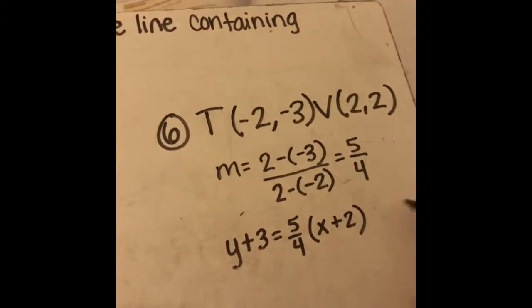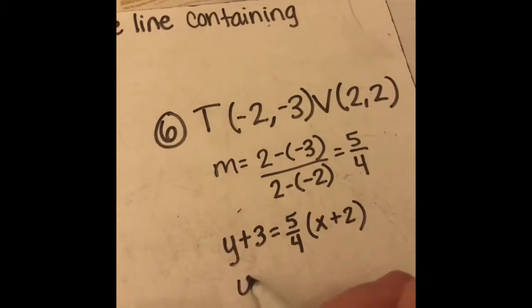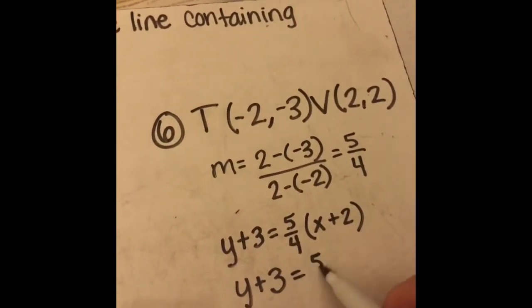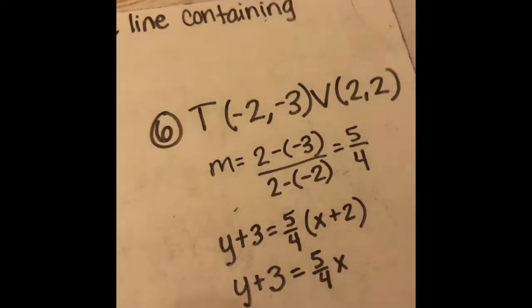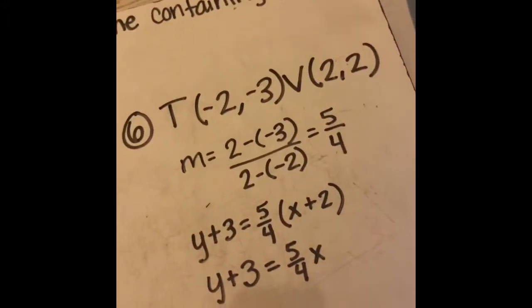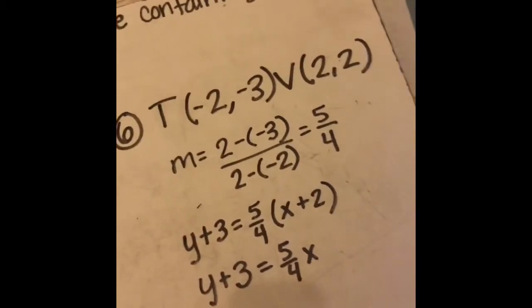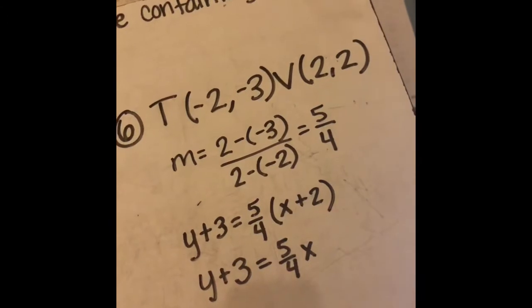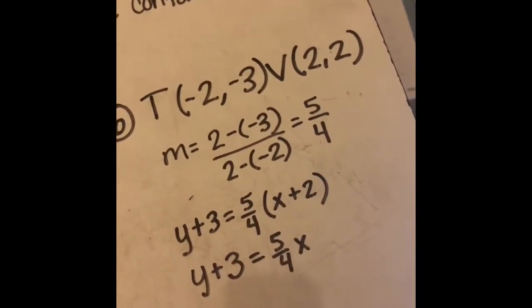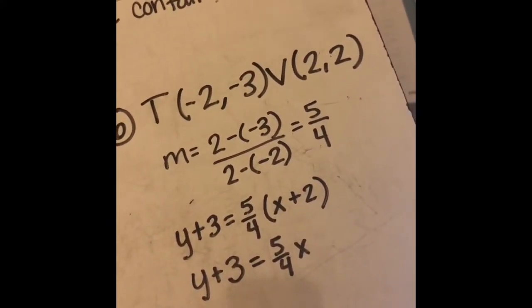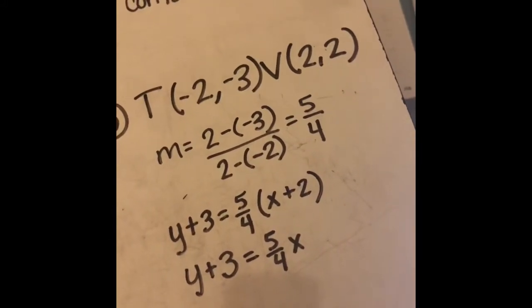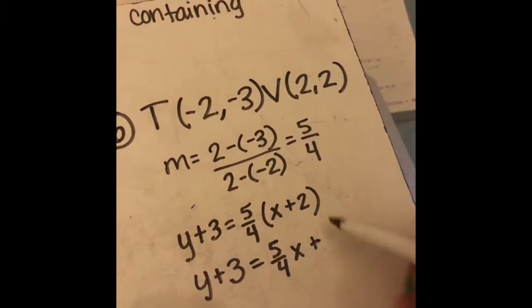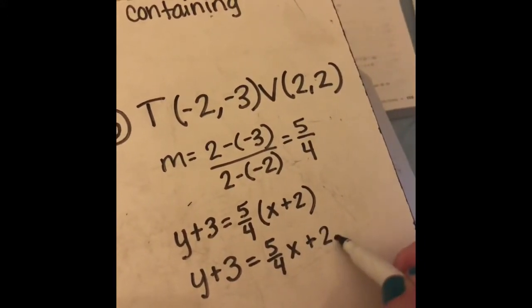Now we're going to distribute, so y plus 3 equals 5/4x, and then 5/4 times 2 is, let me just say, plus 2.5.